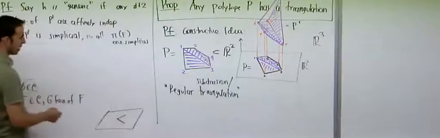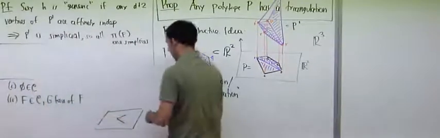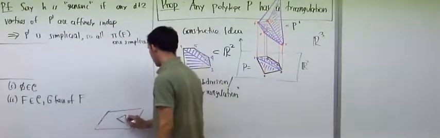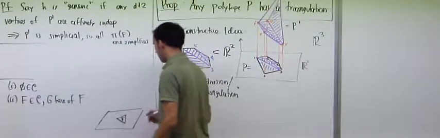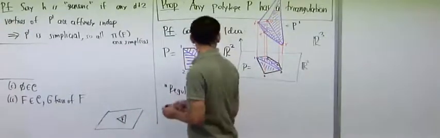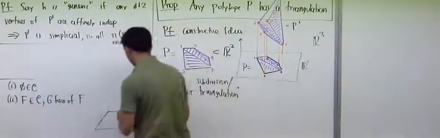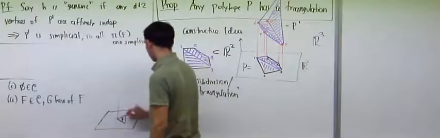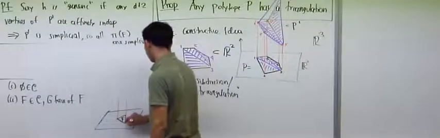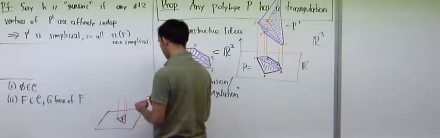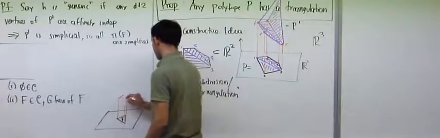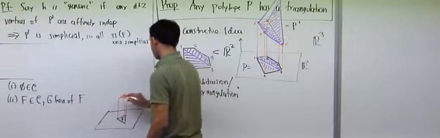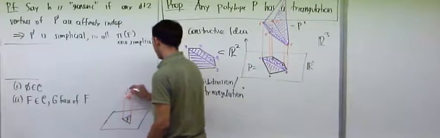So let's go back to what I was saying then. I'm taking a face in the complex. Okay, so that means that here I have a face, but by definition, that means that this comes from a face up here. Right? Maybe we call it F prime.